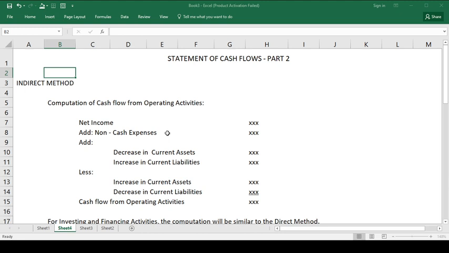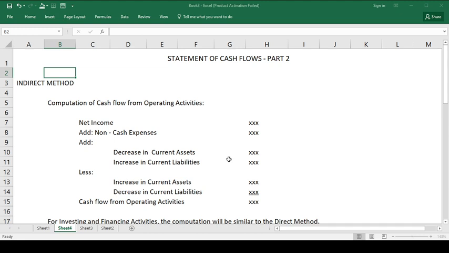And then another difference from the direct method: instead of using the cash receipts and cash disbursements, under the indirect method computation of cash flow from operating activities, we consider the increases and decreases of the current assets and the current liabilities.